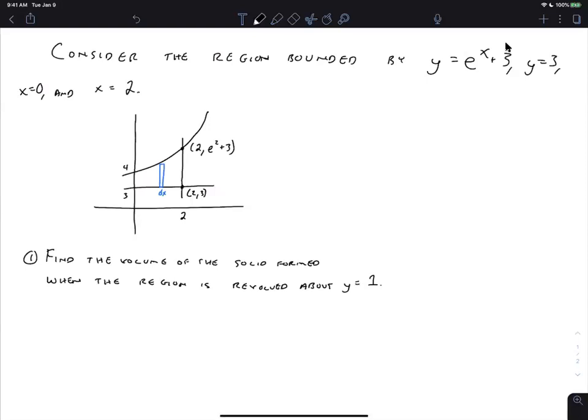Okay, so we'll find the volume of the solid formed when the region is revolved about y equals 1.